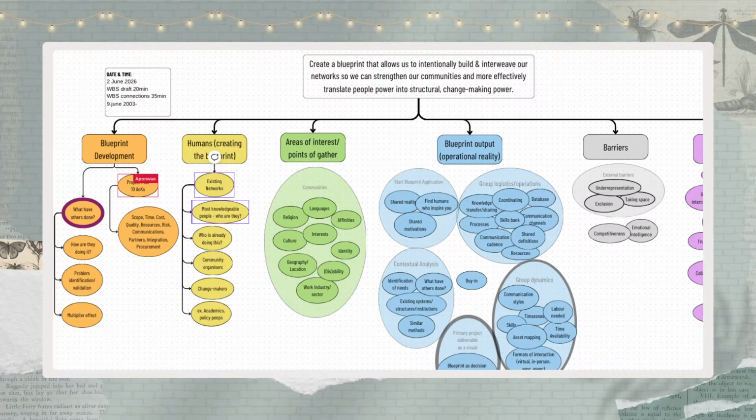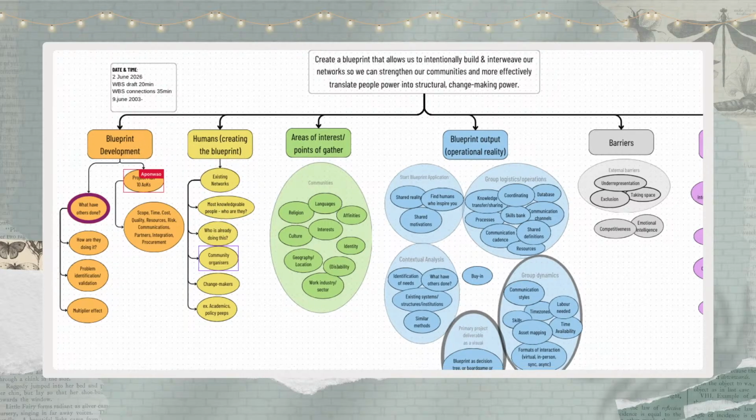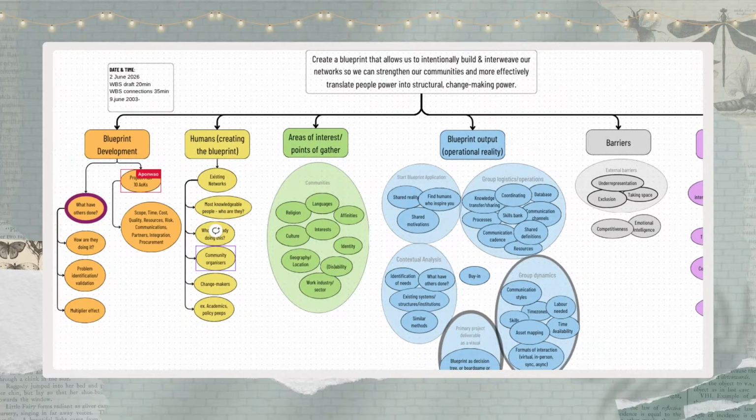And for every single element in yellow, I want to make sure that we're looking at as many different communities as we can in order to get a very broad and nuanced picture. Mm-hmm. So in a way, I'm seeing it as part of that research that will be part of essentially yellow.